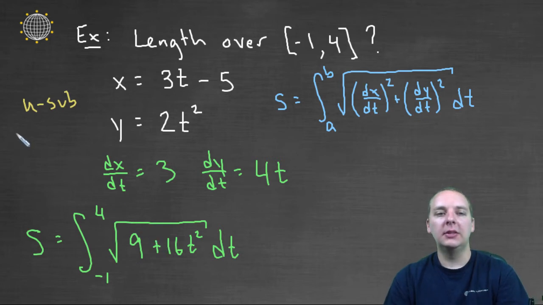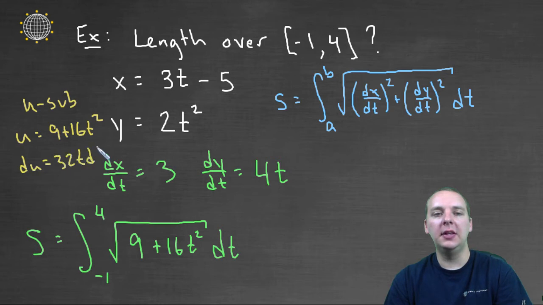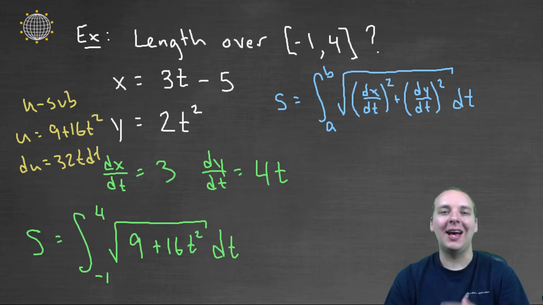But the problem is if you chose u to be 9 plus 16t squared, as most of us would, then the du would be 32t dt. And the problem is I can fix the 32 out front, but I can't fix the 32t. You can't add in an extra t. So this is just not very straightforward to do by hand, as most of these are not.